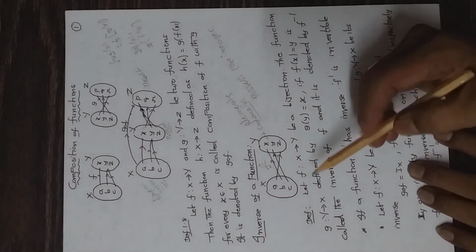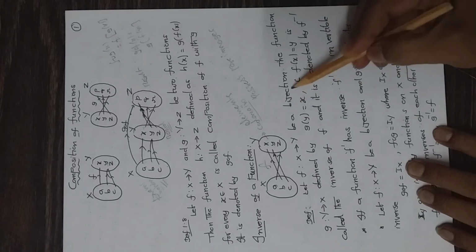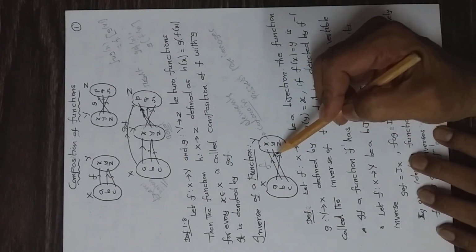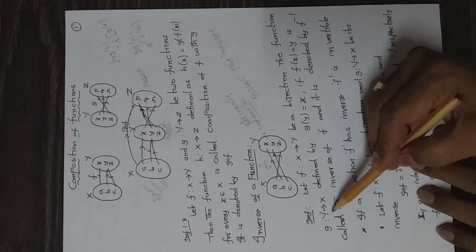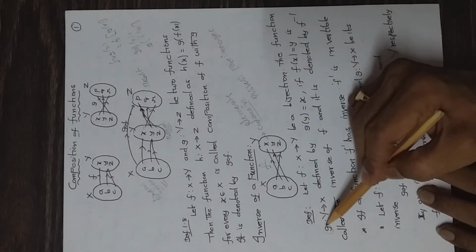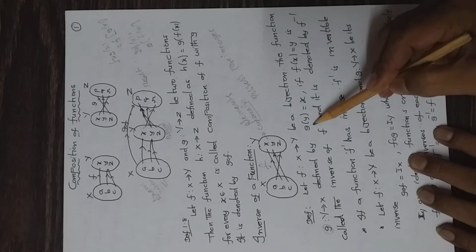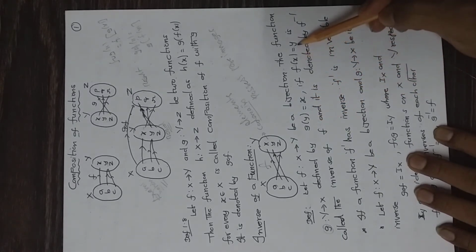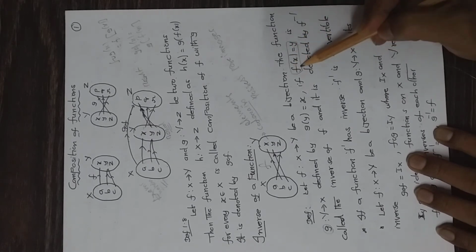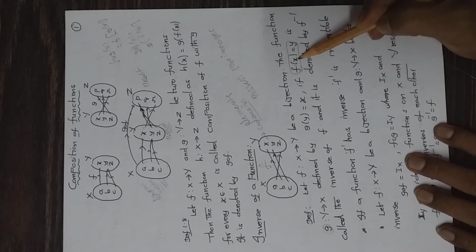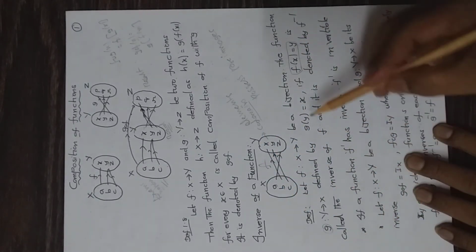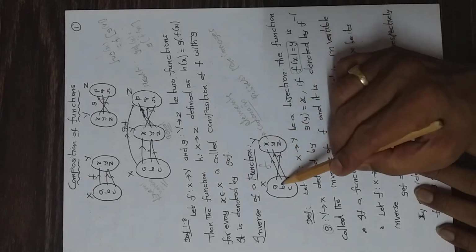You see here, let f: X to Y be a bijection. This function is bijective, that we already checked. The function g: Y to X, reverse, this is the new function, defined by g of y is equal to x if f of x is equal to y. That means for the given function, x is the input and y is the output. But in reverse, y is the input and x is the output.